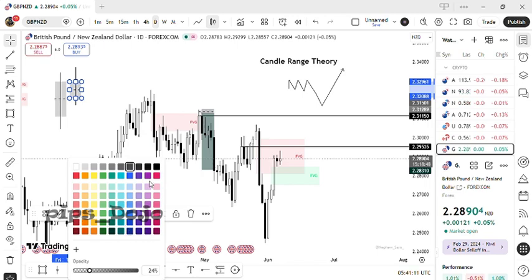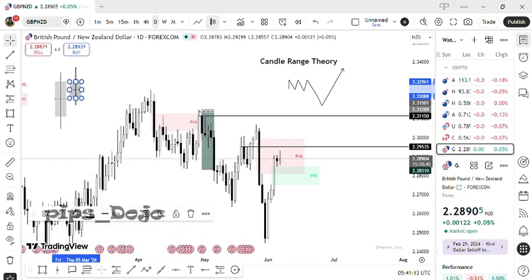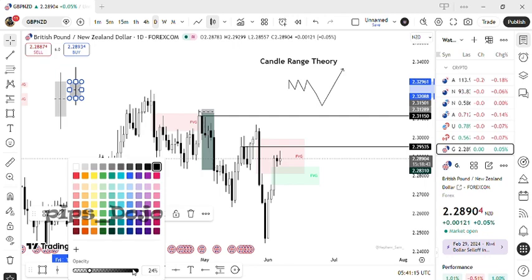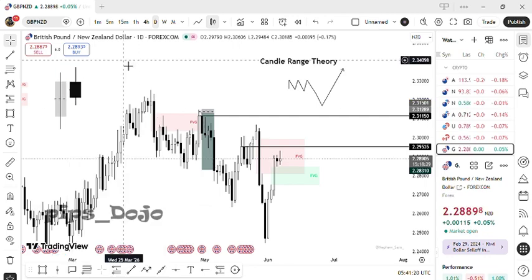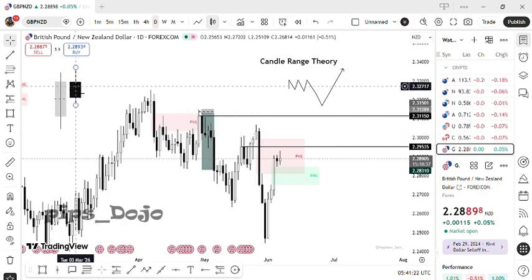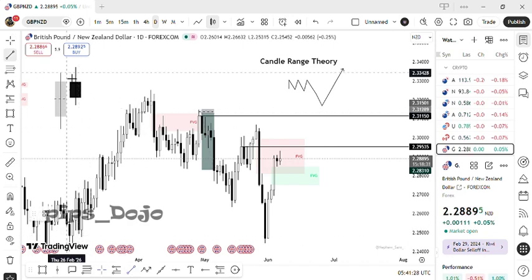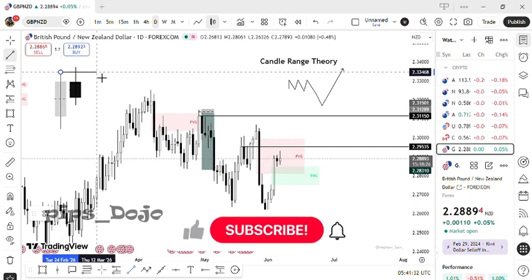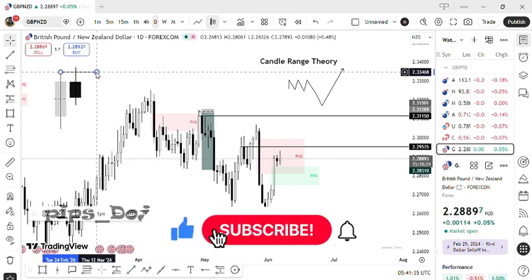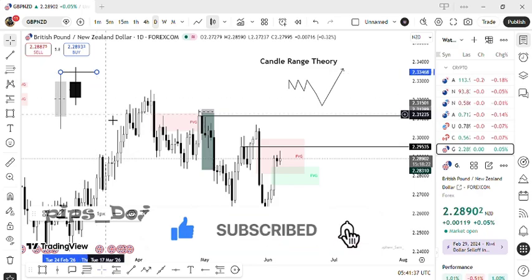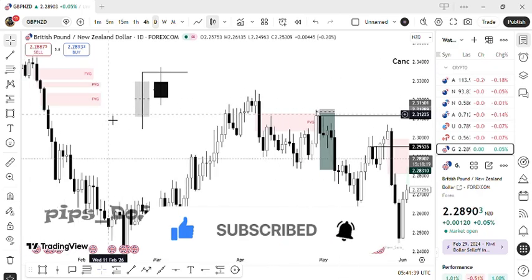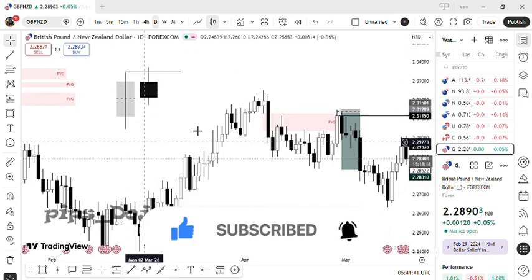Once you have something like this, you have a bullish candle here, then a bearish candle that manipulates or clears the liquidity of the first candle, either at the top or at the bottom. For this example, it happened at the top. This is a CRT formation.